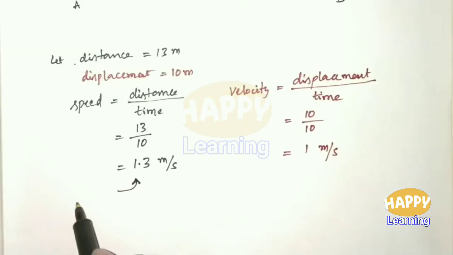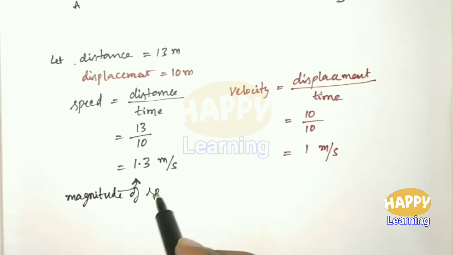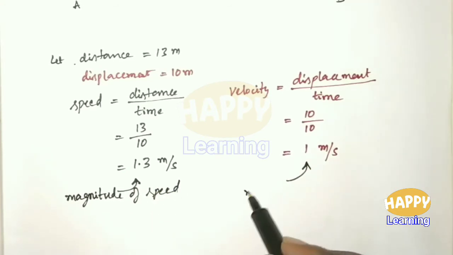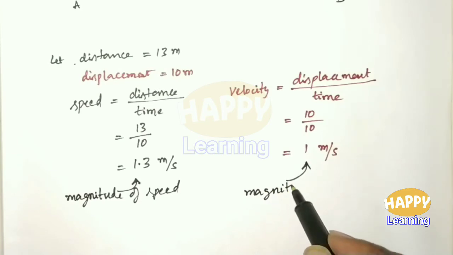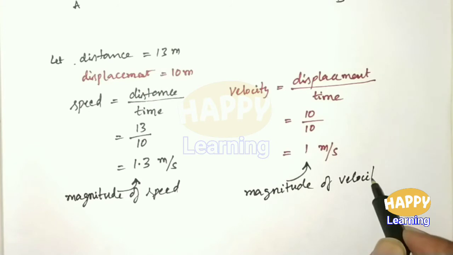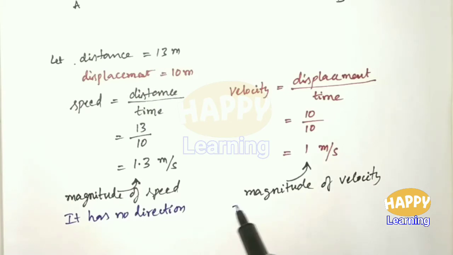This 1.3 is the magnitude of the speed, and this 1 is the magnitude of velocity. That means speed has no direction, whereas velocity has direction.